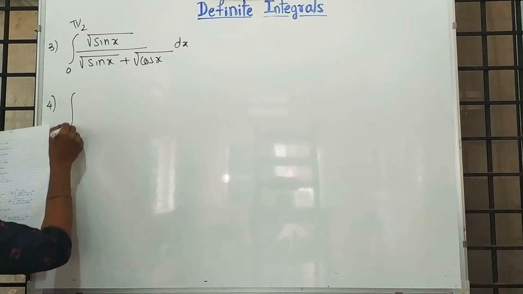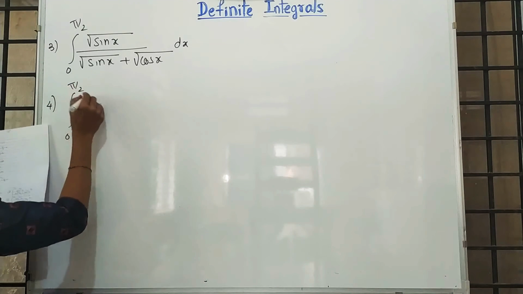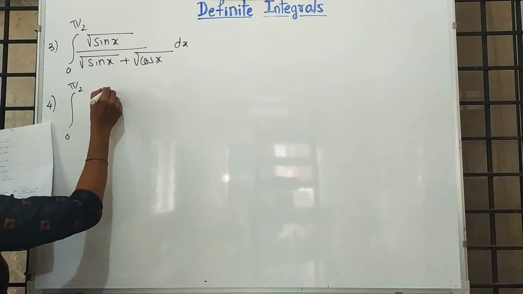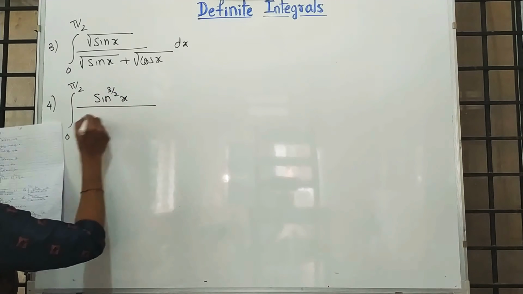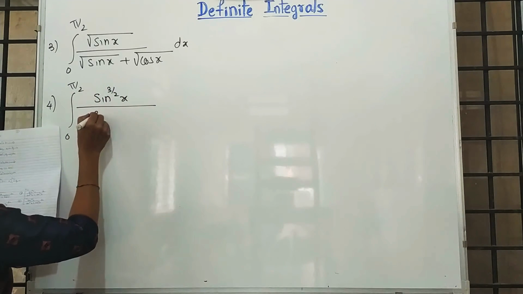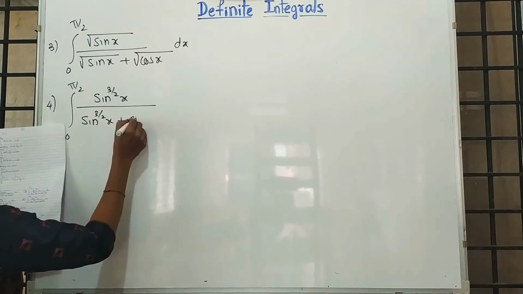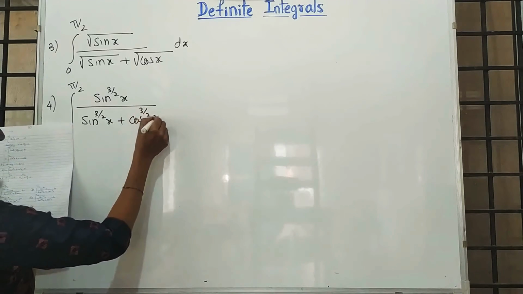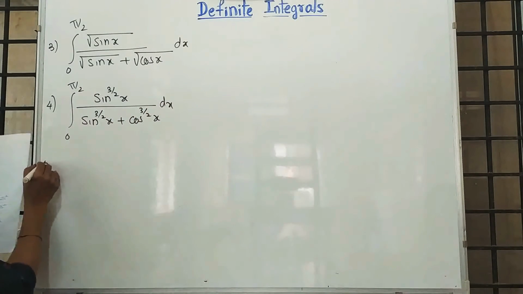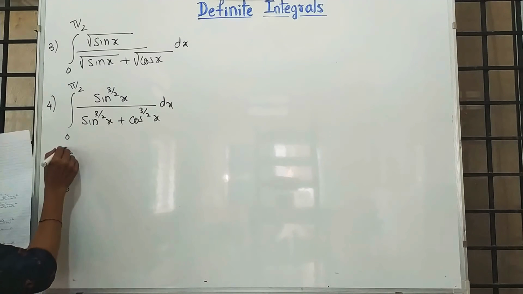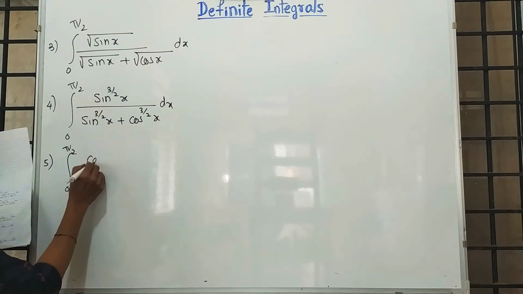Next, 0 to pi by 2 sin raised to 3 by 2 upon sin raised to 3 by 2 plus. Fifth one, 0 to pi by 2.